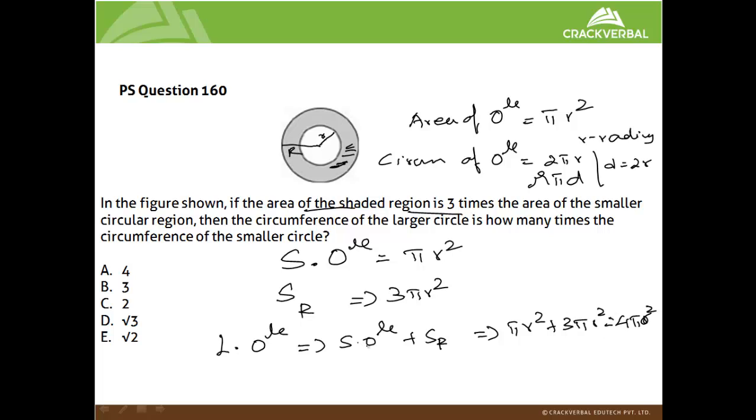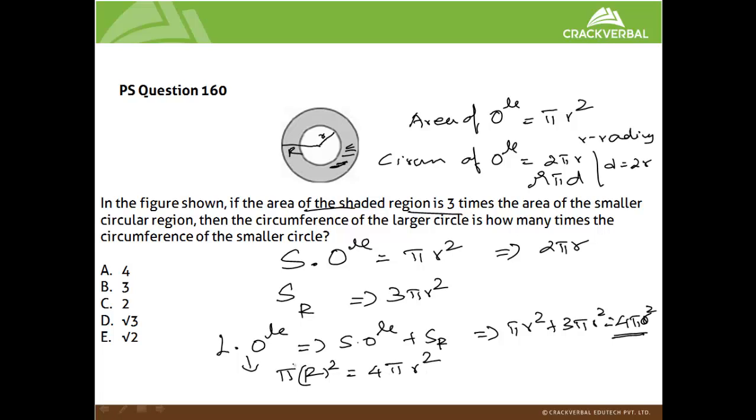Now we have to figure out the circumference of the larger circle relative to the smaller circle. The circumference of the smaller circle is of course 2 pi r. For the larger circle, first we have to figure out what capital R is. The larger circle area is pi R square, which is equal to 4 pi r square.